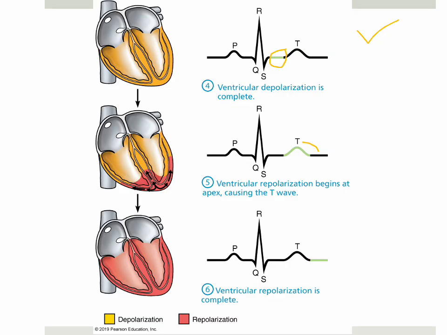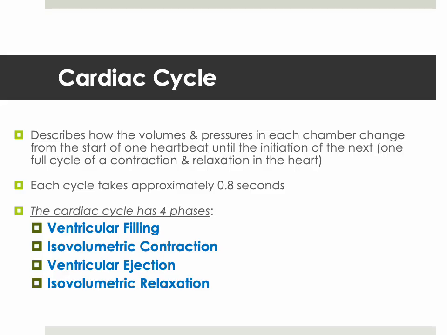So the repolarization of the ventricles happens here, beginning at the apex. And then the repolarization is complete. The next piece you will see is just another cycle, okay? There you go.